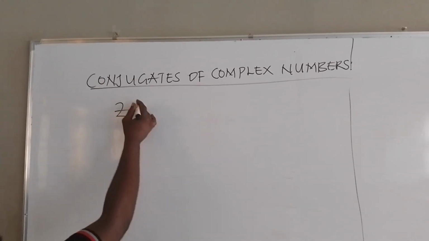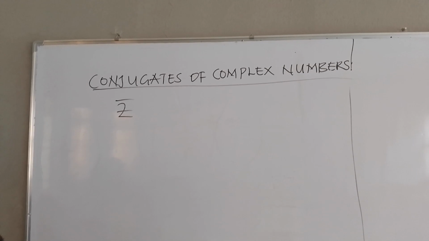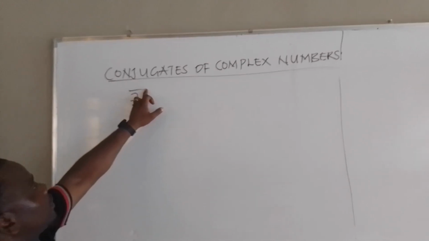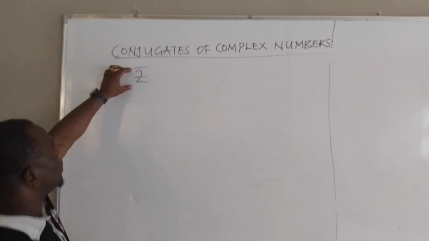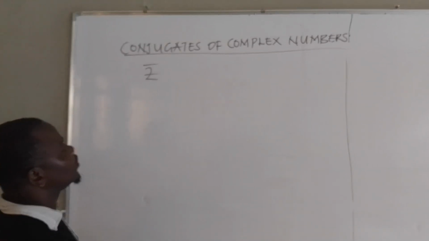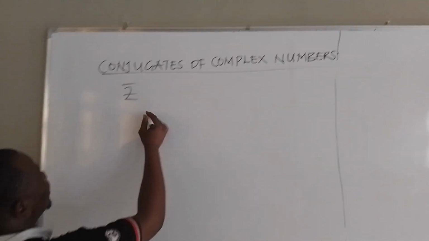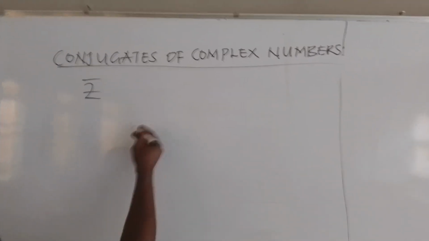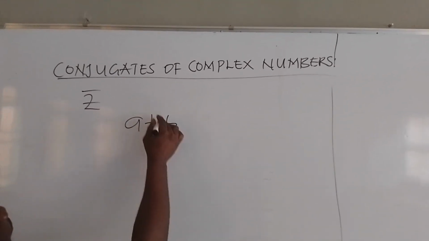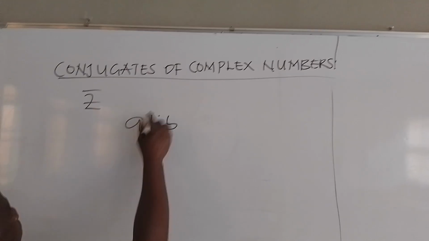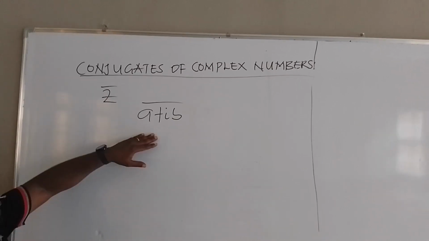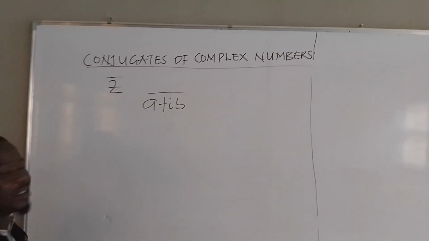Since we are talking about complex numbers, let's use Z. This means Z conjugate. This is the notation of the conjugate of a complex number. Is that clear? Since we are talking about a complex number, it will be in this form: a plus ib, conjugate. So this is known as the conjugate of a complex number.